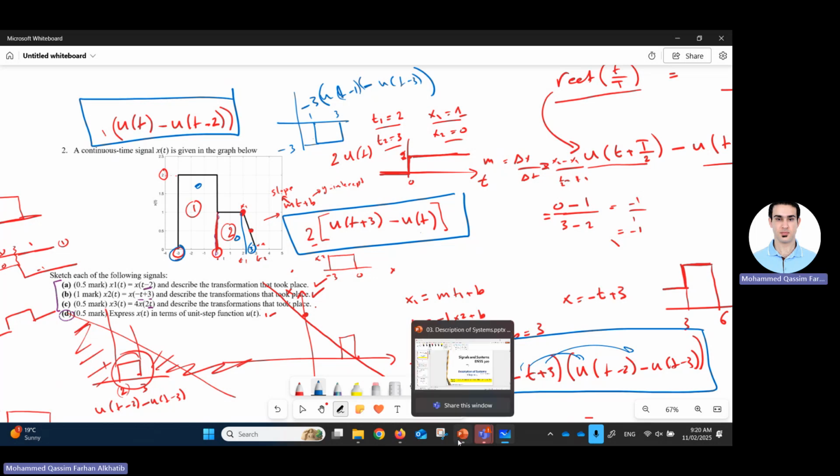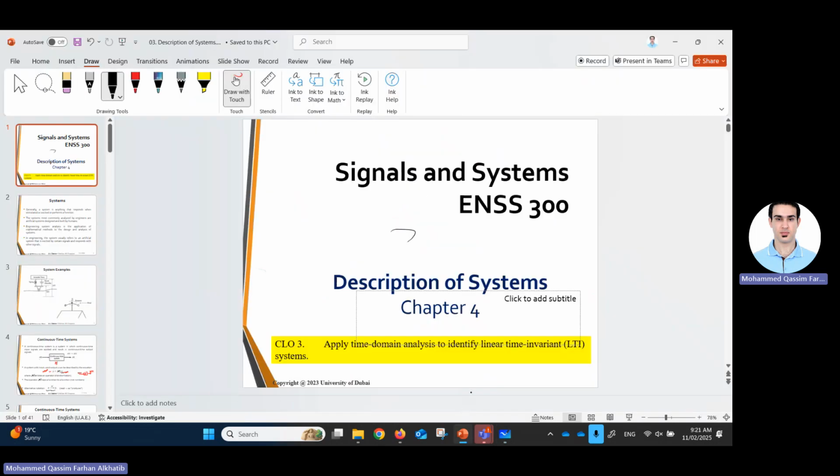All right, now we'll start a new topic, description of systems, or basically system properties. Each system given to you has some properties that we desire, like time invariance. That is, if there is a delay at the input, the output should have the same kind of delay.